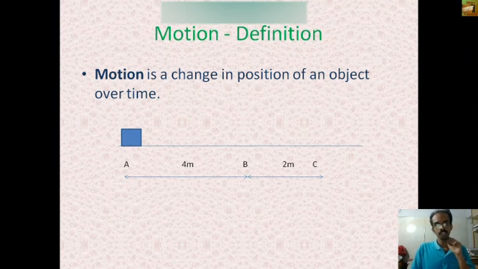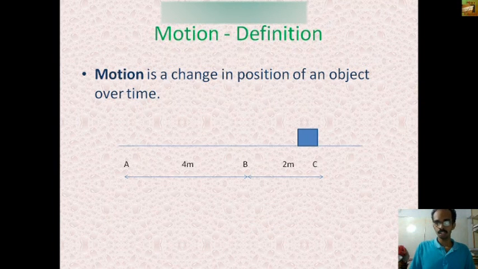In this figure, it is seen that a body is at A. Now after a time T, it goes to position C. So this body is said to be in motion.